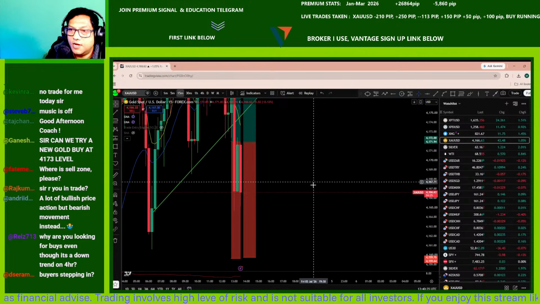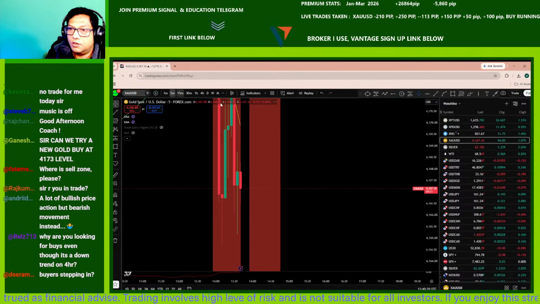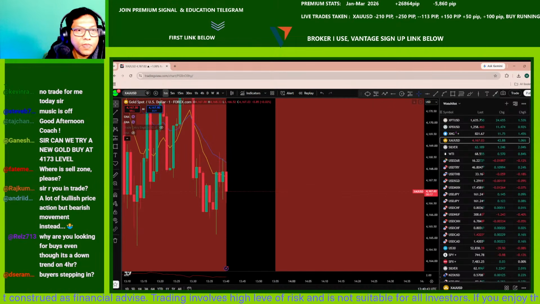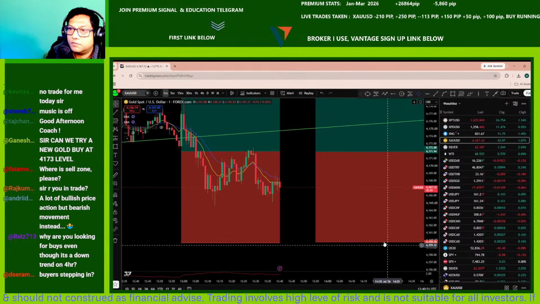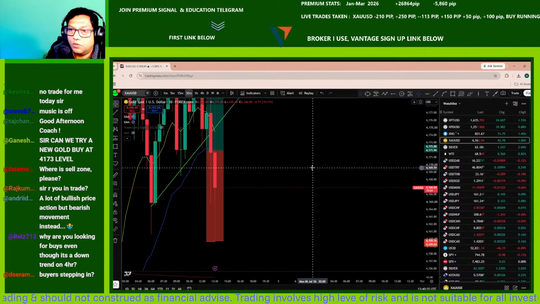So here the market structure shows some bias at that level. We're going to see some movement.